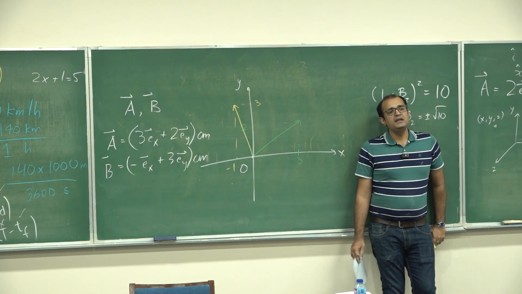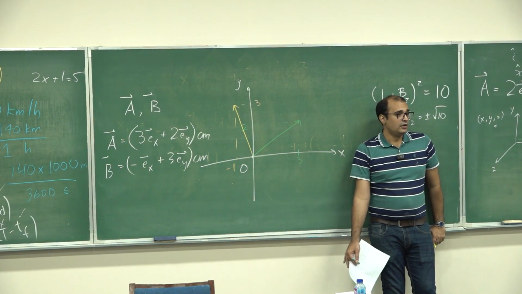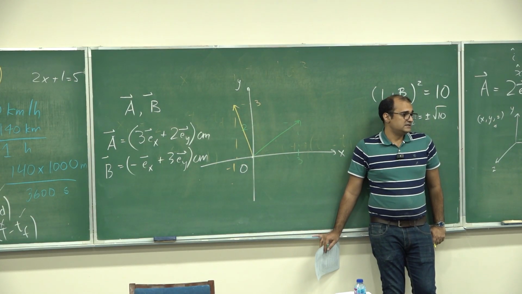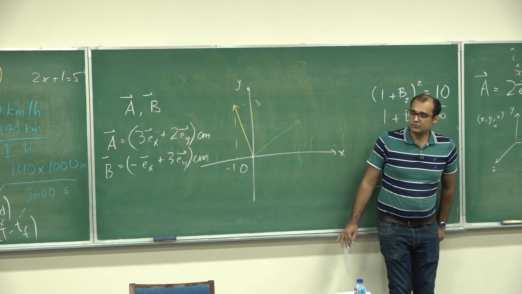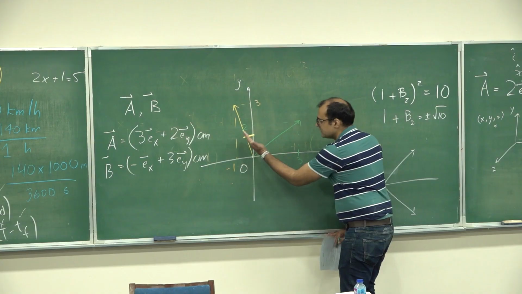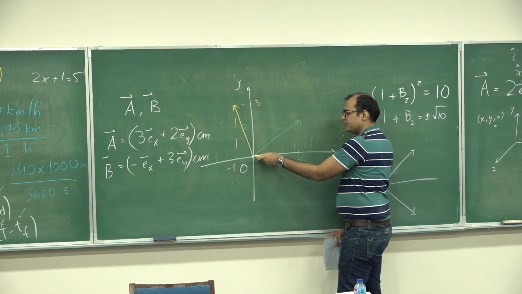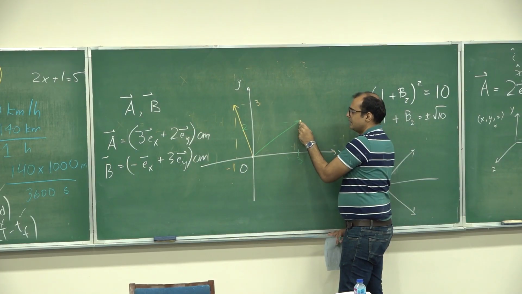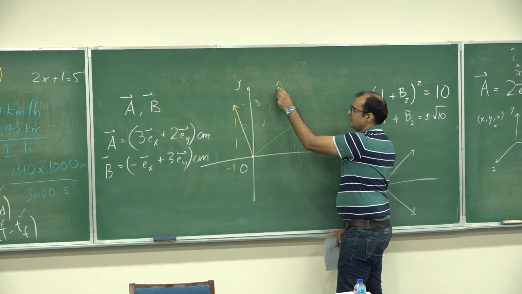Calculate the resultant of A and B. Now you can see immediately why this idea of unit vectors is so important and so powerful. If I just had arrows, if I wanted to add A and B, what would I do? Well, one way is, first of all I have to shift this yellow vector over here, and then I will be drawing an arrow over here, right? So roughly you'll get something like this.